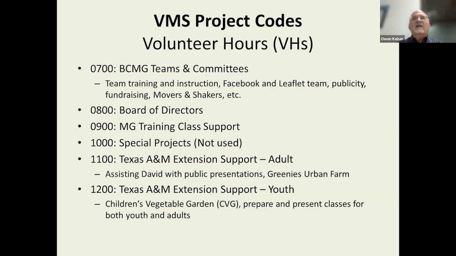You just roll that into your volunteer hours for Project 1200. Even though it's a class, it's a class for the kids. You're eavesdropping. You don't get CEs for that 15, 30-minute talk where they're talking about earthworms in the compost. 1200 is Children's Vegetable Garden, and that's a very popular project.